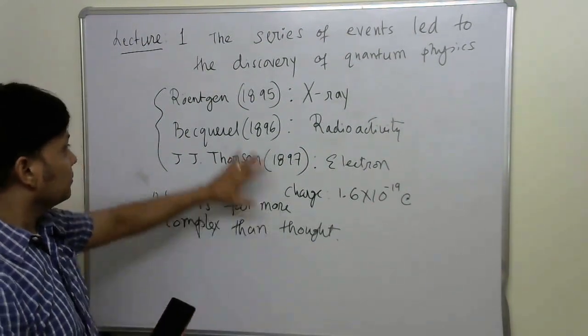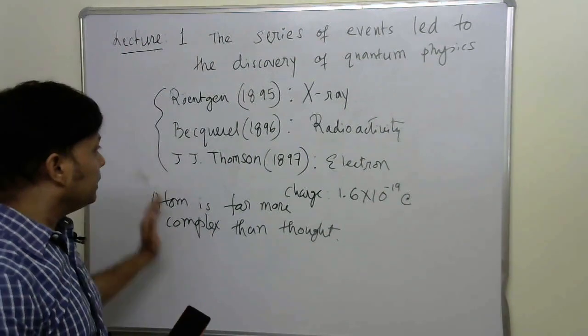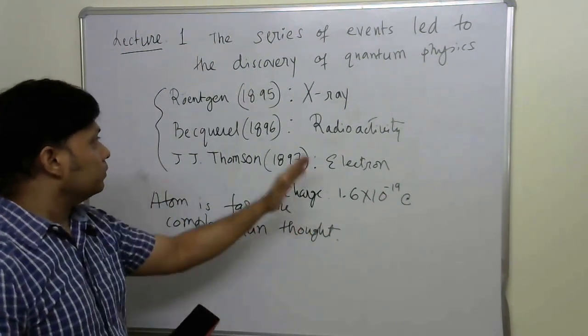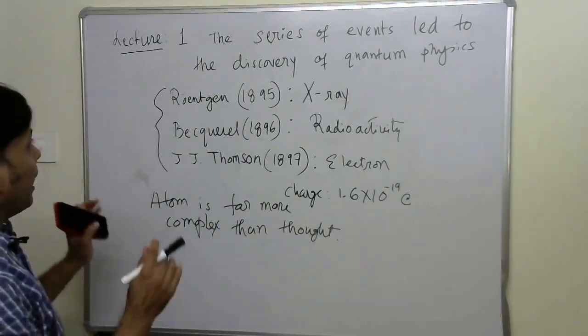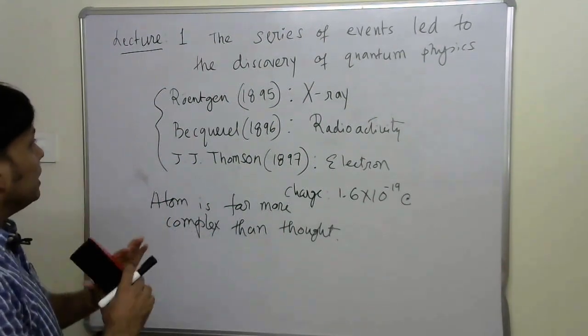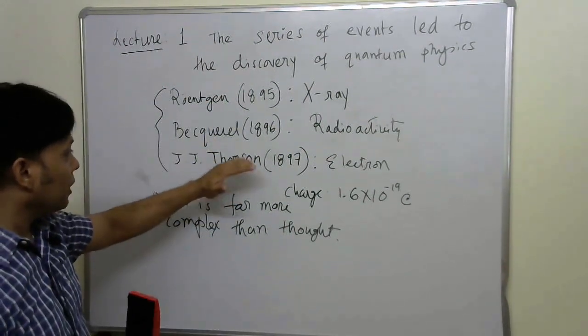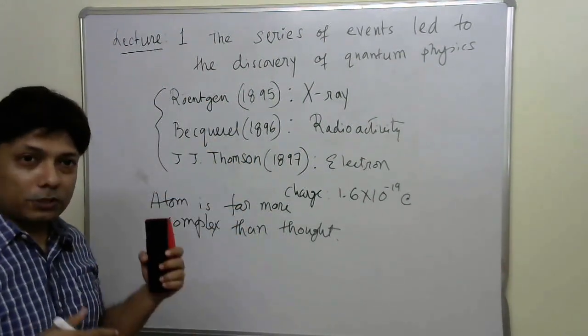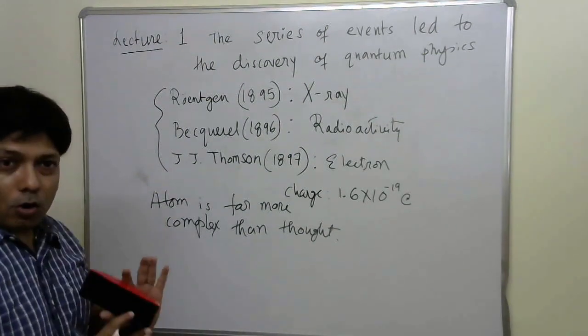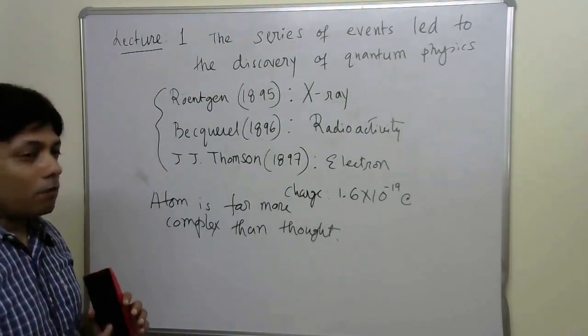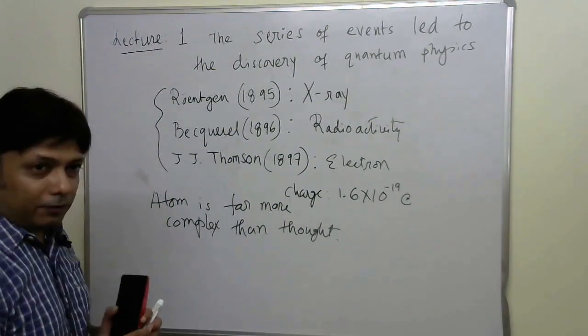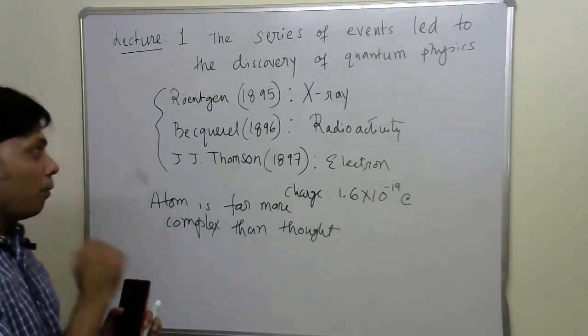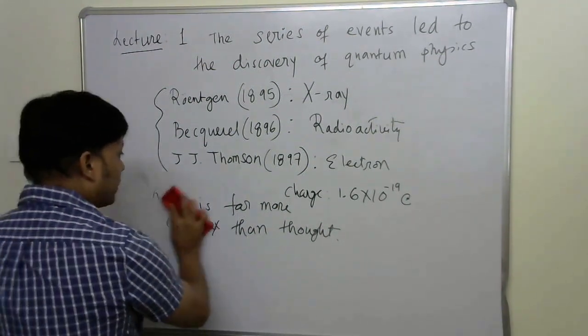But still, even with these discoveries, right near the end of the 19th century, people still thought that there was nothing new to be discovered in physics. But then, as I told you earlier, from the year 1900, the earthquake started.